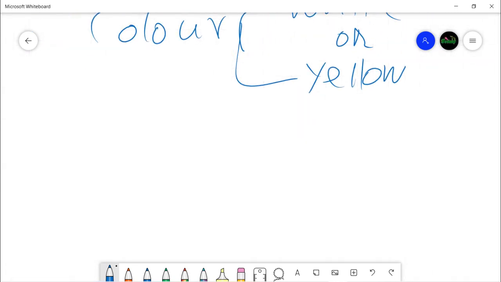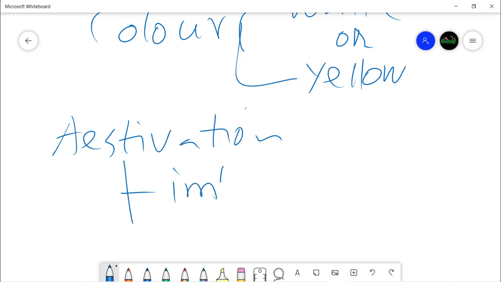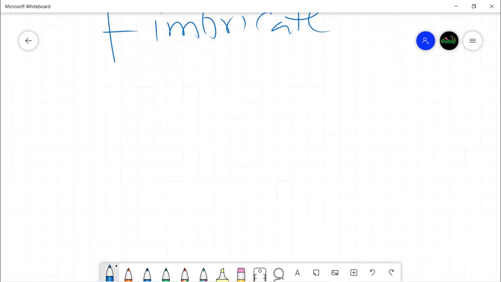And finally comes their estivation, their arrangement in the bud condition, and it is also imbricate like that of sepals. So what is imbricate? We have five petals, and they are arranged in such a way that one of the petals is external and one is internal, and the other three are such that one margin is inside or overlapped and the other margin is overlapping.